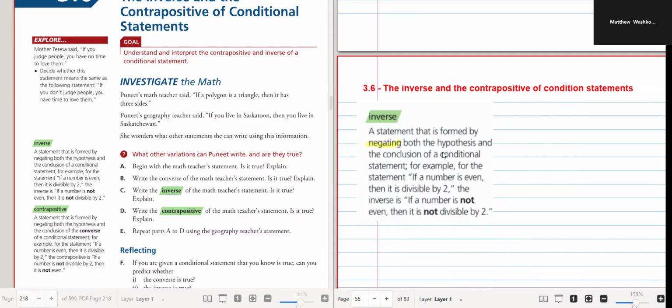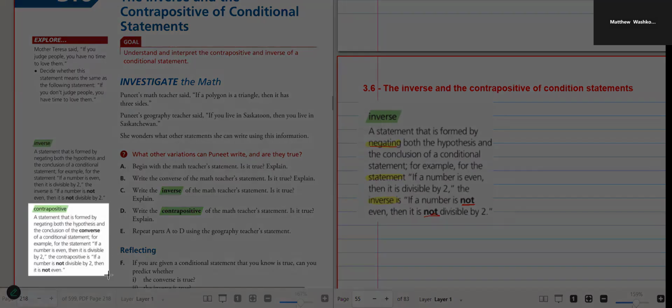Both the hypothesis and the conclusion of a conditional statement. For example, if the statement is if a number is even, then it is divisible by 2. The inverse is if a number is not even, then it is not divisible by 2, right? Negating is doing the opposite.